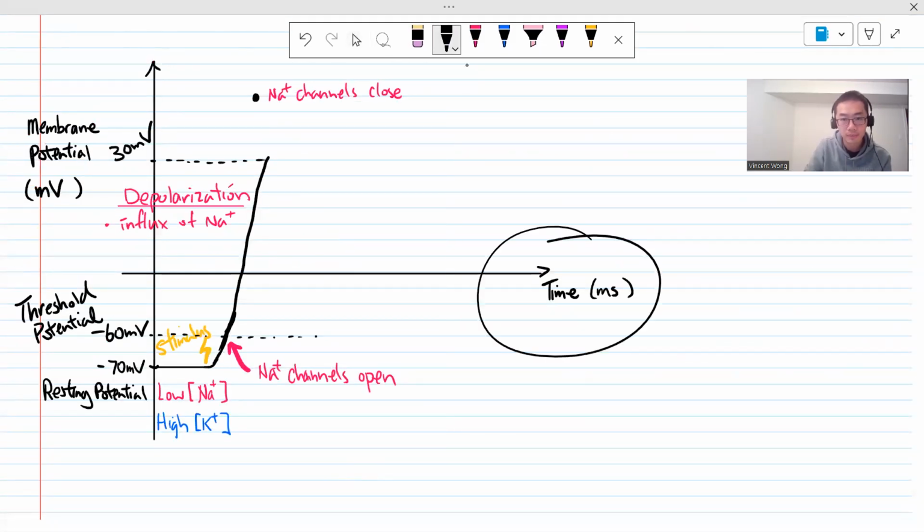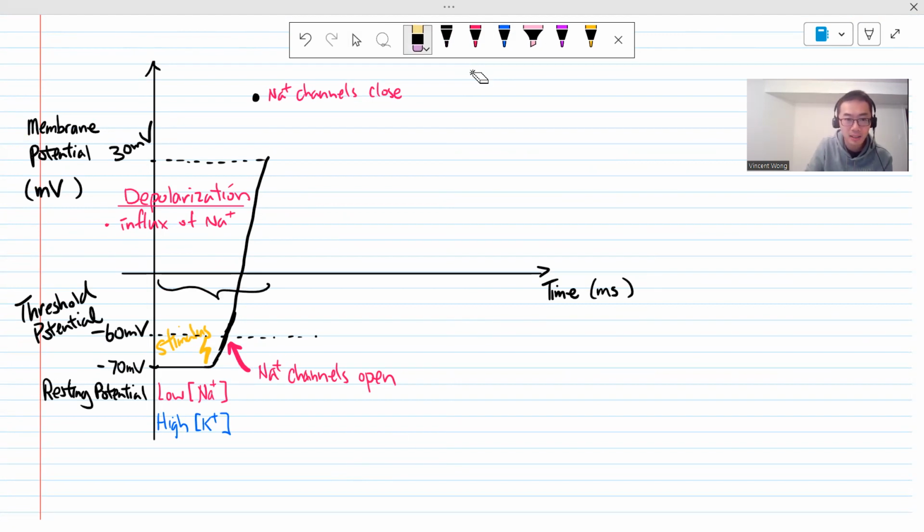You see time on the x-axis. Oh, you're asking me how long it is going to take between minus 70 millivolts and positive 30 millivolts, going up to the maximum? How much time that's going to be, right? Like a couple of milliseconds. I don't have the exact number with me, but it's like a couple of milliseconds. It happens really quick.